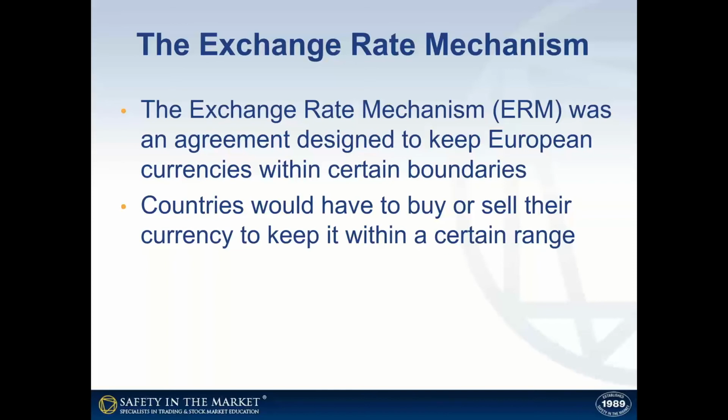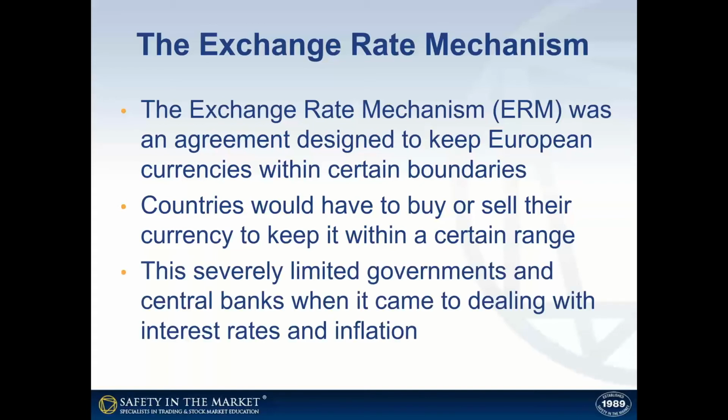Now, obviously, we know now that no one can control the currency price. So we've seen that from previous examples, and this was discovered as well at the time when England were unable to protect the value of the pound. But this whole exchange rate mechanism had another consequence, and that was that it severely limited governments and central banks when it came to dealing with things like interest rates and inflation.